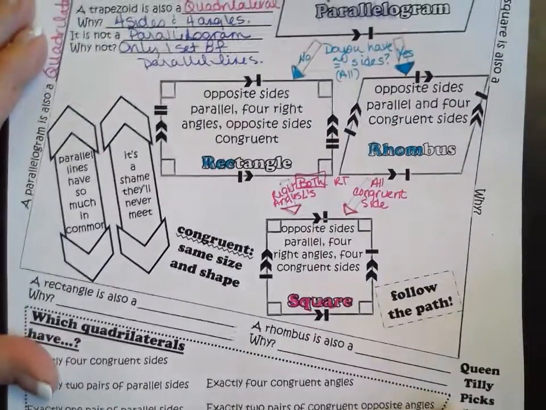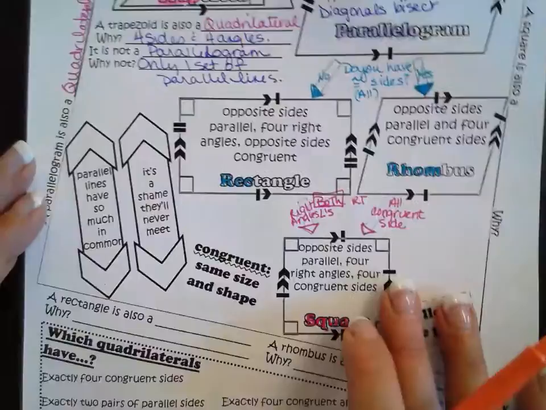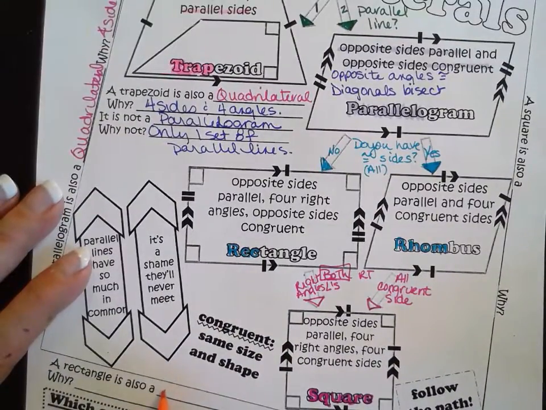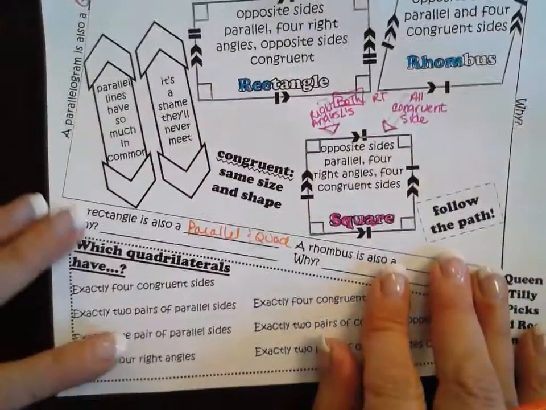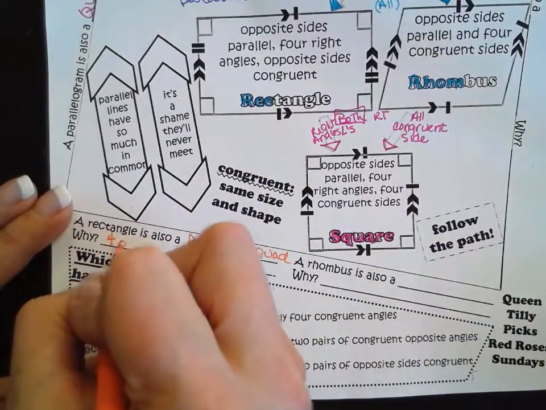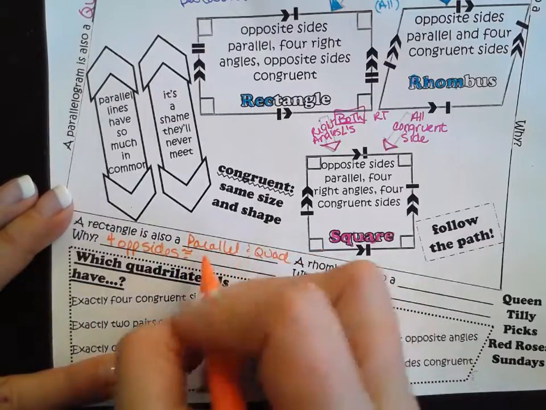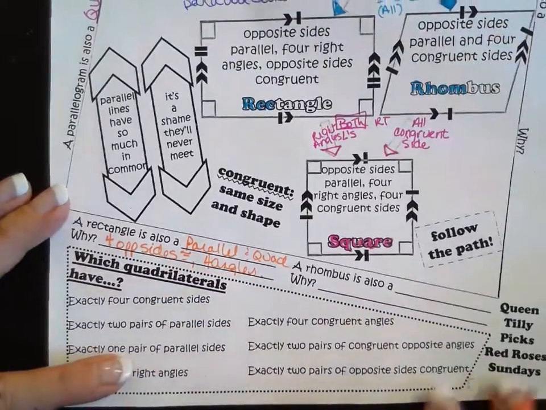What is a rectangle? It is also a what? It's a parallelogram and a quadrilateral, because I have four opposite sides that are congruent and four angles. Perfect.